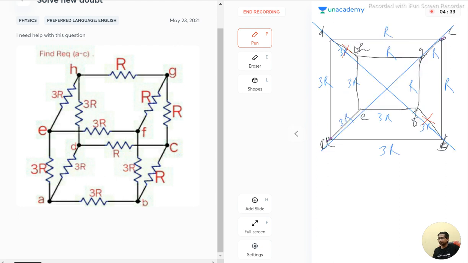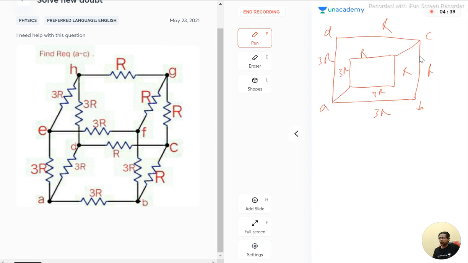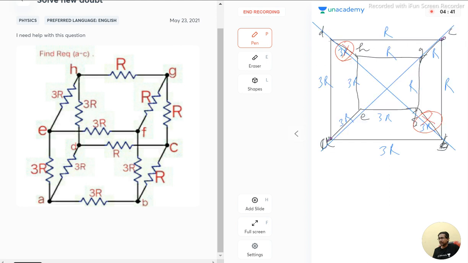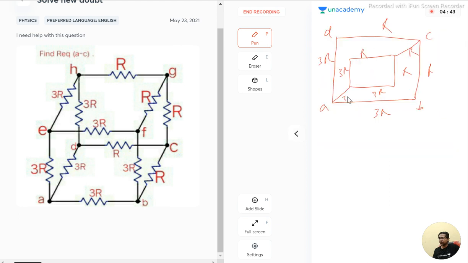Okay, these two get cancelled out. So this is the overall thing we have. This is R, and this is 3R. Now if we look at this, this is 4R, this is 4R as well, and this is 4R as well.